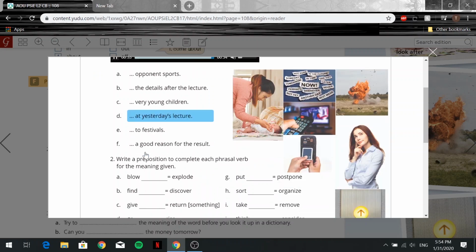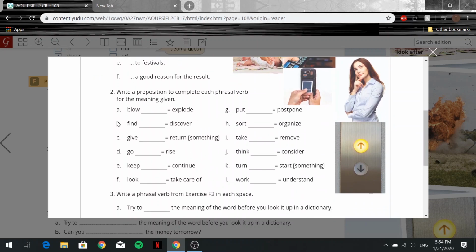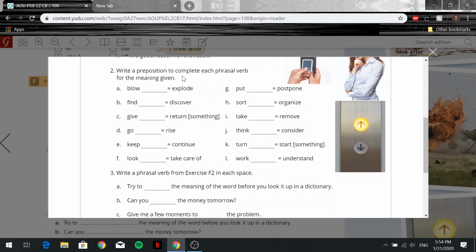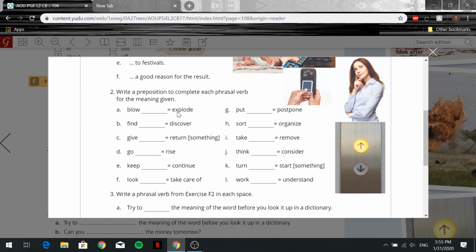Okay, pretty simple. Now let's go to exercise 2. Write a preposition to complete each phrasal verb for the meaning given. So blow, and we need a preposition so that it means explode. So we'll say up. Blow up means explode. B is find, so that it means discover.